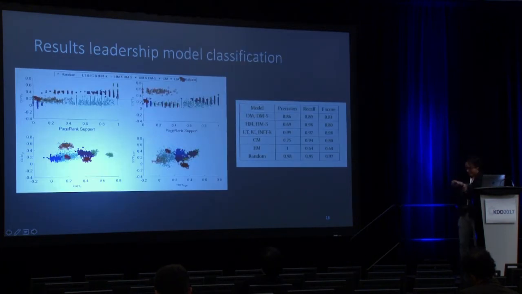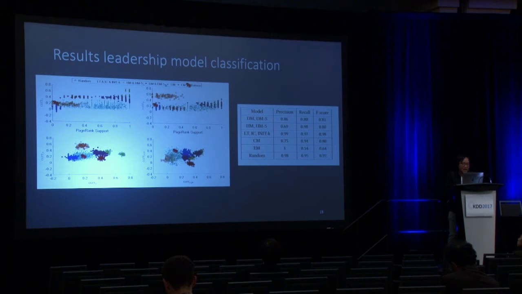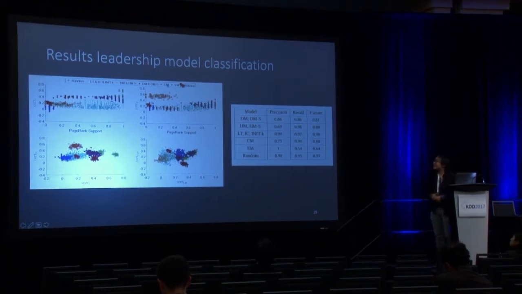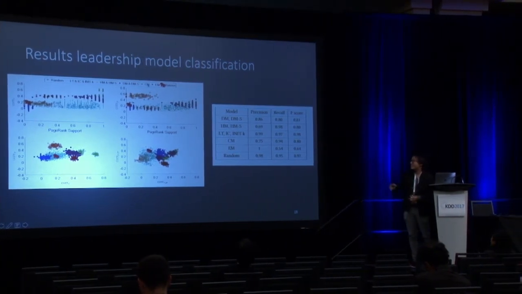Lastly, about the result of leadership or model classification. As I mentioned before, we propose a way to measure the characteristics of the time series in the leadership aspect. So we have many simulation models here. The different colors in the four plots here represent the feature space, and the different colors represent different models.